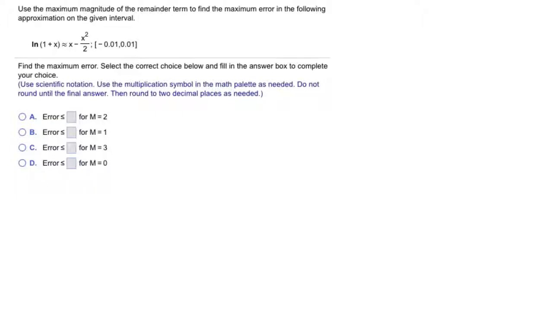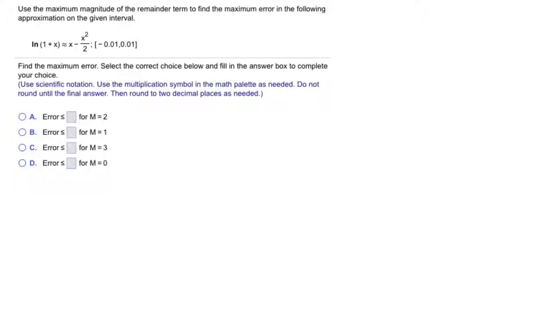And then rather than think about what is the maximum error at a particular point, we think what is the most that this error bound ever tells us over an entire interval of values. But the process is exactly the same. Here we see we're using a quadratic approximation, a second degree approximation for this log function.